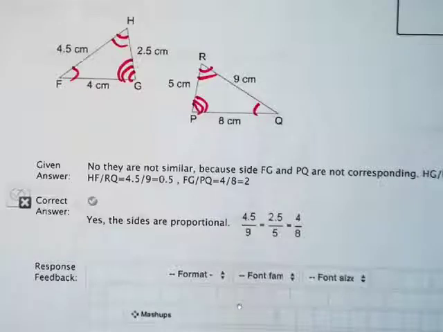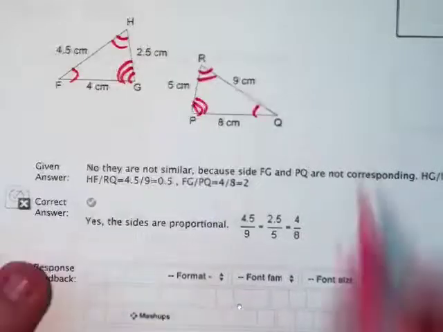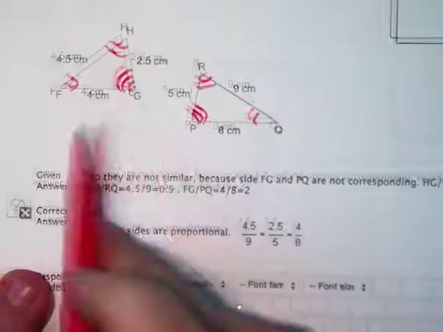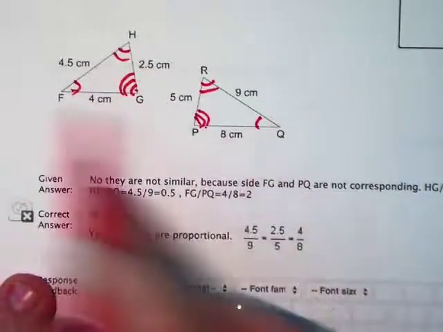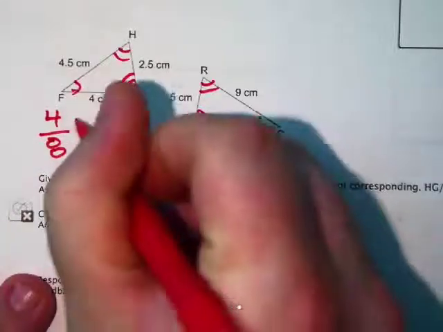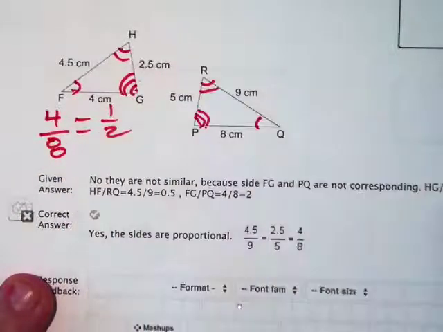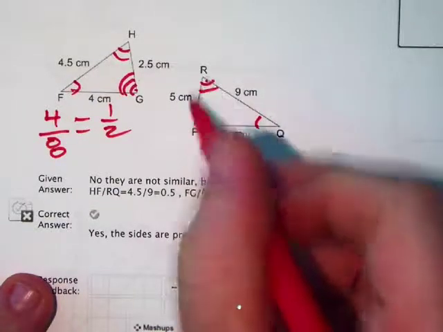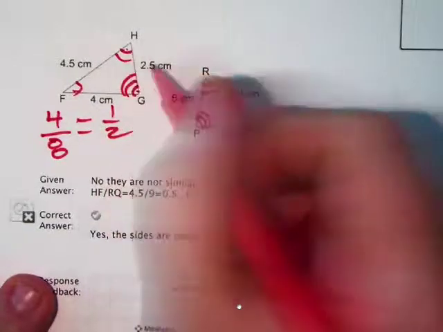There are several different ways to say, but let's just go with what we were talking about. From 1 to 3, that's 4 and 8. So we have 4 over 8, which equals 1/2. Now let's try the next side. 2 to 3 is 5. 2 to 3 is 2.5.